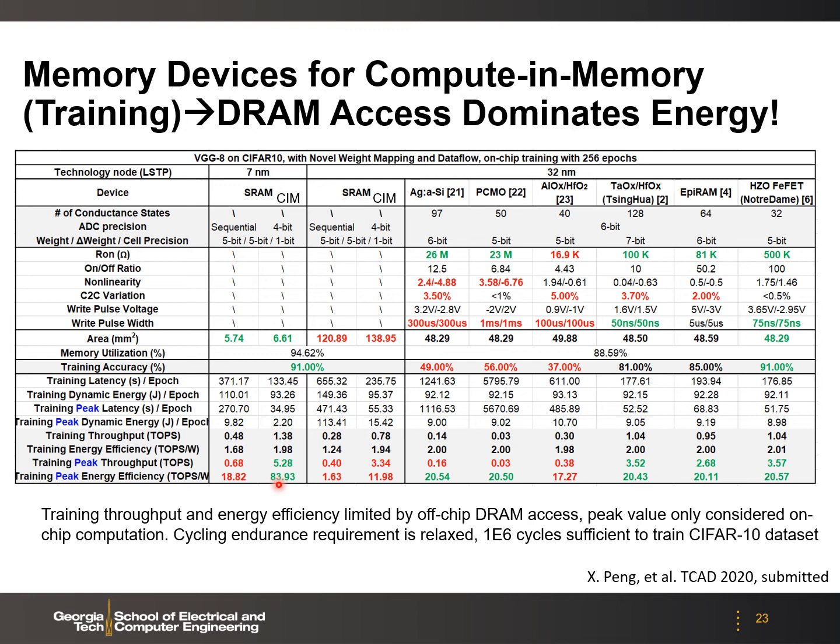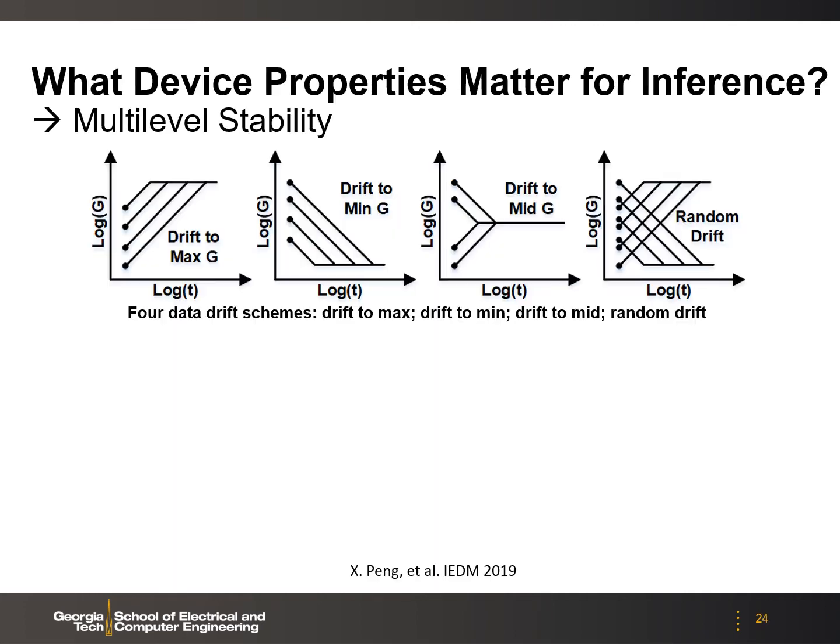So if you consider that, the overall system performance is limited by the DRAM access, and the energy efficiency is limited to around TOPS per watt, regardless of the technology we use on chip. So this is still a big challenge for on-chip training design. So we think edge inference is a more suited application for computing in memory.